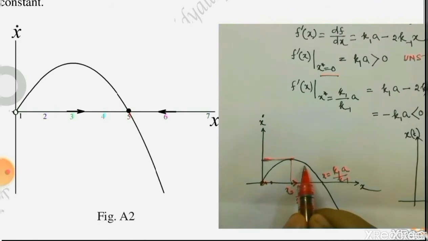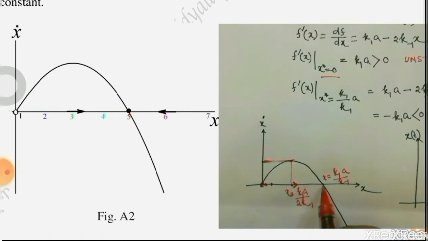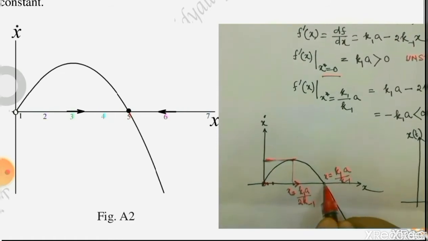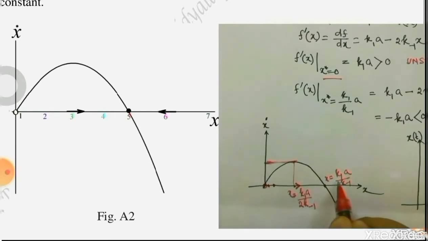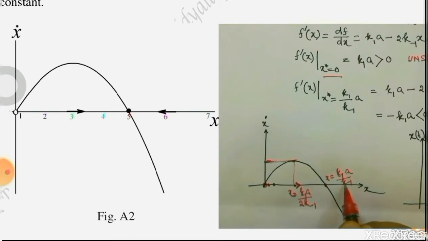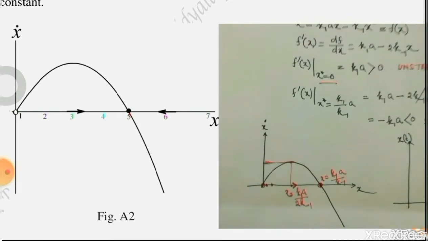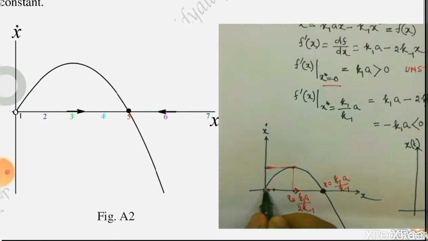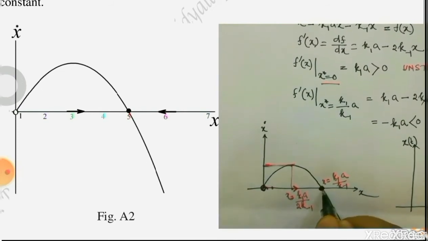So the concentration will increase to a value where the final concentration becomes equal to k1a by k minus 1, because this is a stable fixed point. Unlike this, which was an unstable fixed point, this is a stable fixed point.